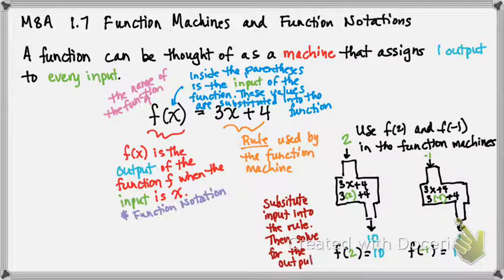So I'm going to color code by boxing up. We substitute the input into the rule, then solve for the output.